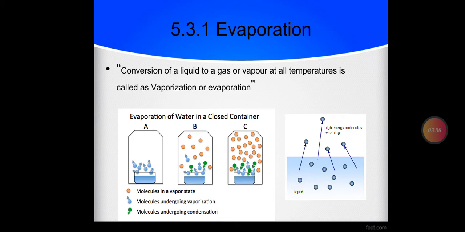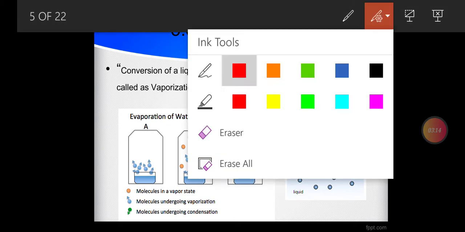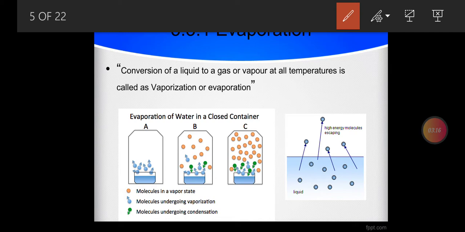The diagrams are illustrated as A, B, C. You can see that the molecules in A are converting into vapor state. Molecules undergo vaporization, and this takes place as the high energy molecules of a liquid, whose kinetic energy increases, are able to escape from the surface of the liquid.